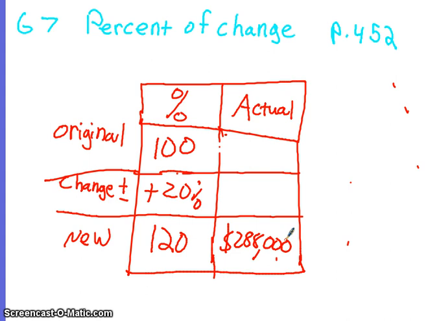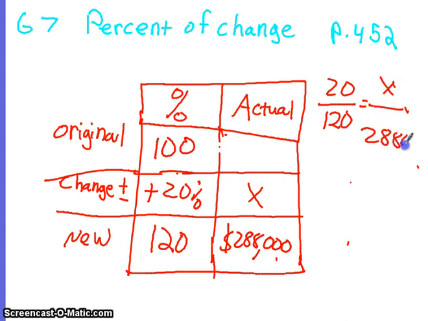So where is my variable going to be? Under 100 or plus 20? Plus 20, because I want to know how much it increased. I don't need to know the original. So I set this problem up with the information in my chart. That's 20 over 120 equals x over 288,000.